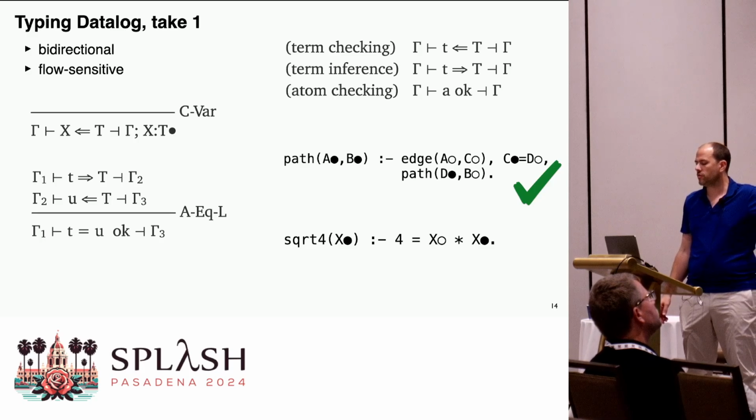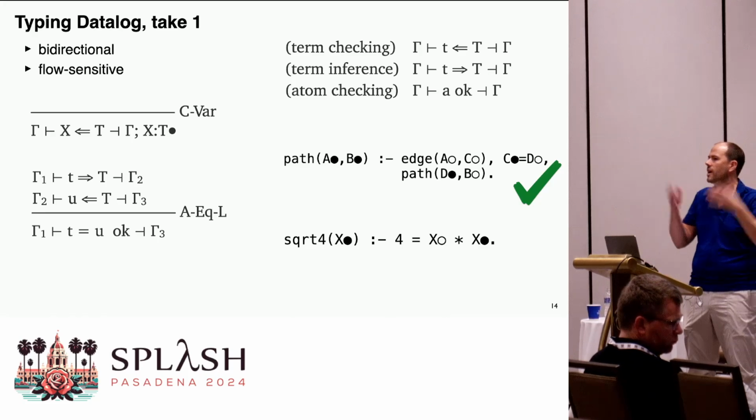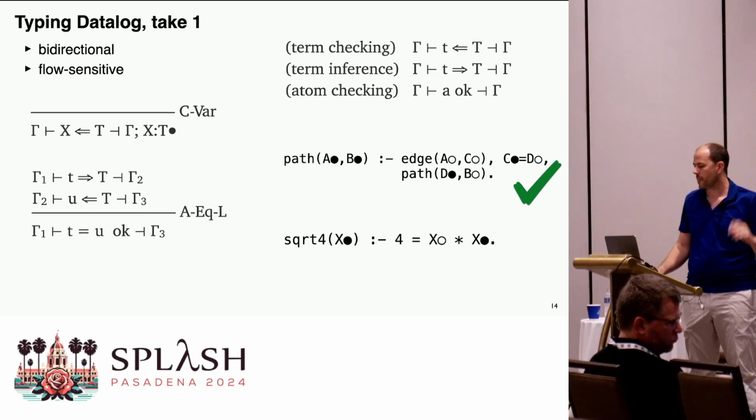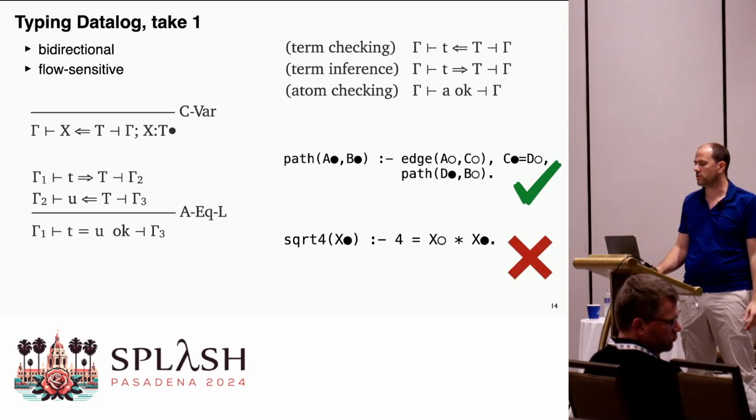The typing rules we've designed so far cannot distinguish whether we are in a position where binding is allowed or not. That's why, when x occurs as an operand first, we will just bind it. So that becomes a binding occurrence. And then the second operand is reading. And that doesn't make any sense whatsoever.